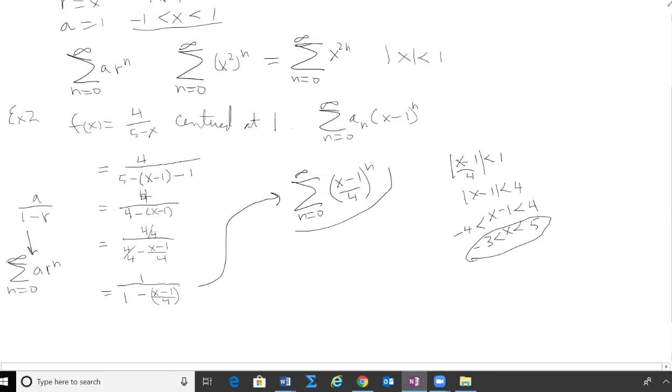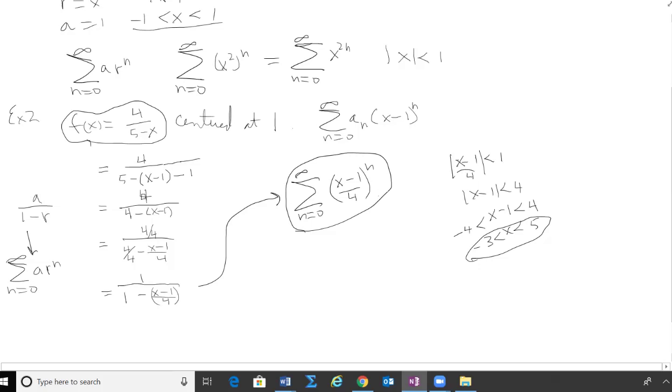So here's the power series representation for that function in this interval, and it will converge for any value of x within this interval. Well, what will it converge to?